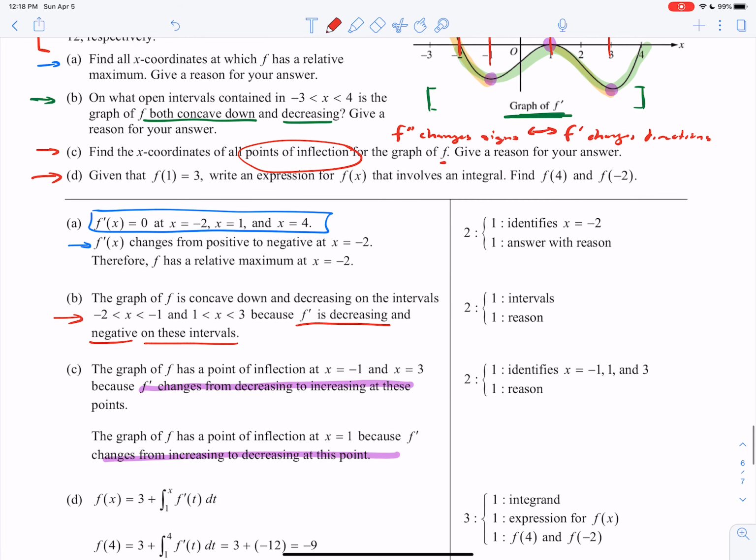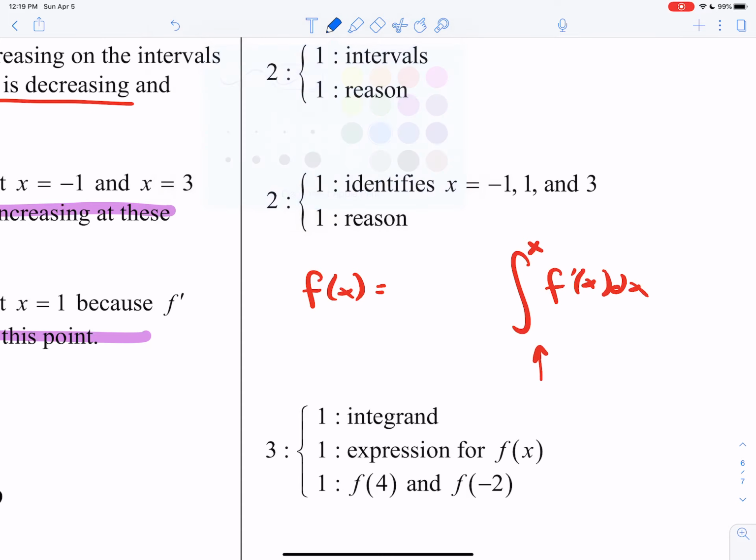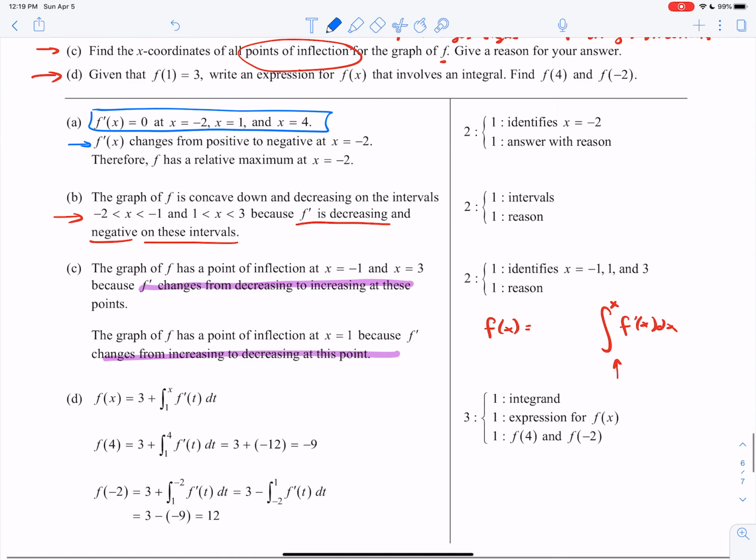So the way you want to break this down is we want f of x. So we definitely have to integrate f prime of x to go back to what we started with. So we want to go as far as x, however far we want to go. But we have to consider where we want to start. And your start is pretty much the given condition. f of 1 is 3.